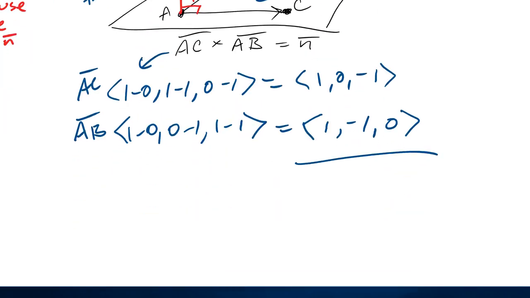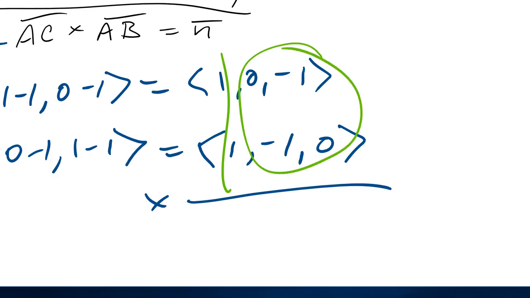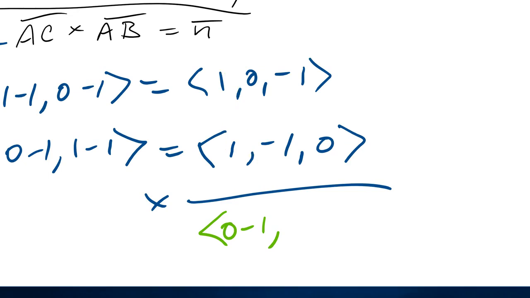And now when I do the cross product of these, I'm going to cross out the first column and then do the cross product of what's left. So that will be 0 minus 1. And then I cross out the second column and I do the cross product of what's left over, but I go backwards. So it'll be negative 1 times 1 minus 1 times 0, which is 0.